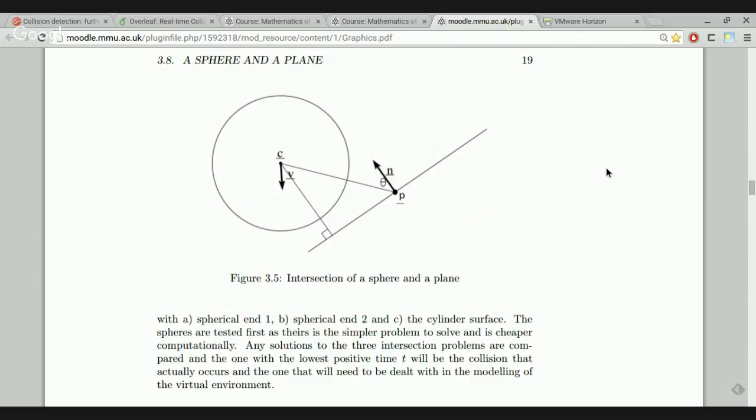So just by analyzing the triangle, D is the length of that perpendicular vertical side, the magnitude of C minus P is the length of the hypotenuse, and then we take cosine of the angle theta.